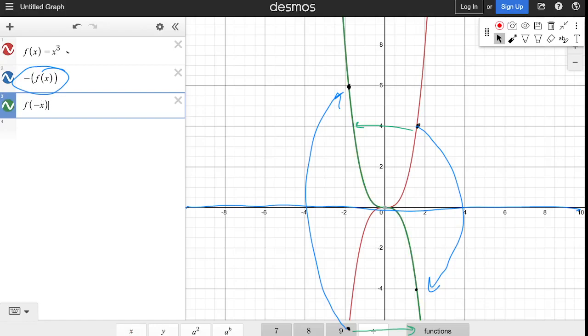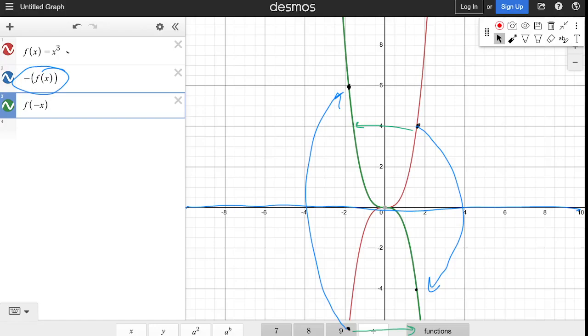And notice that green is already there. That's all we had to do. So this reflection that happened because of a negative on the outside, the y is changing, is the same thing as a reflection from the inside with a negative on the x inside.